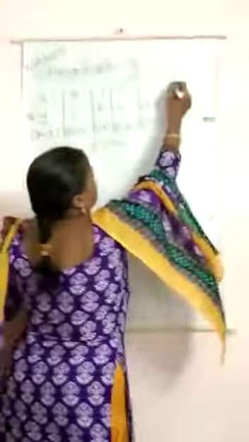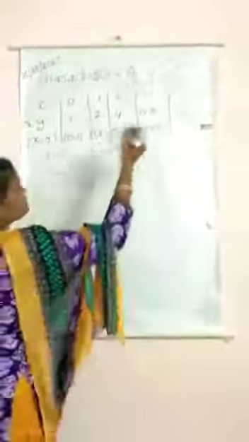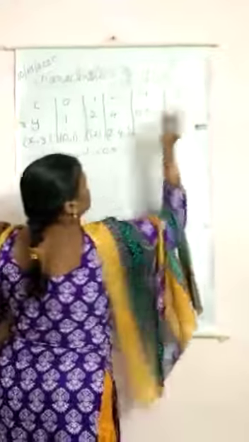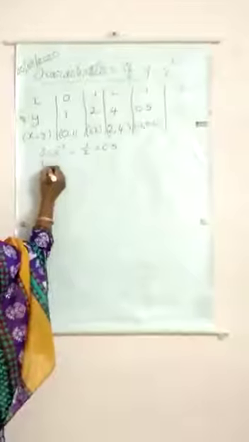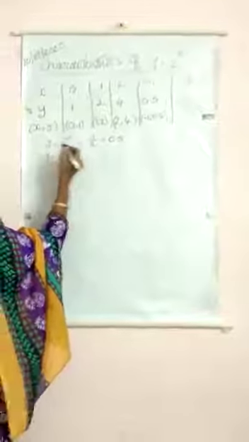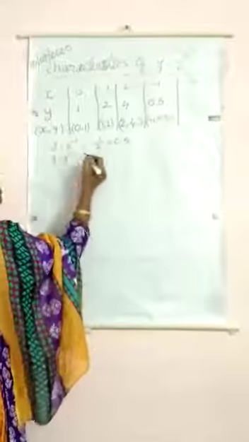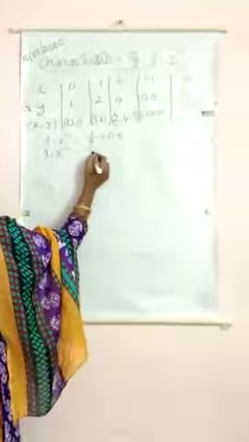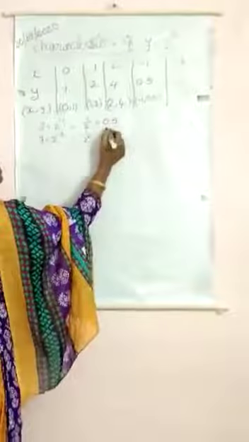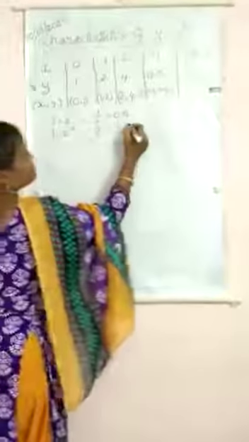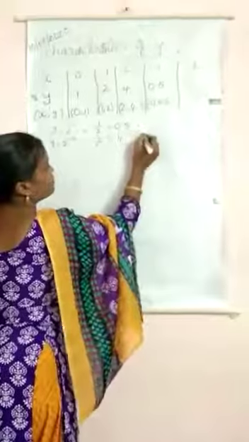Again I am taking the x value as minus 2. That means y is equal to 2 power minus 2, which is 1 by 2 square, that is 1 by 4, equal to 0.25.